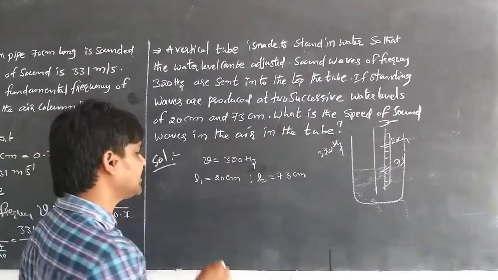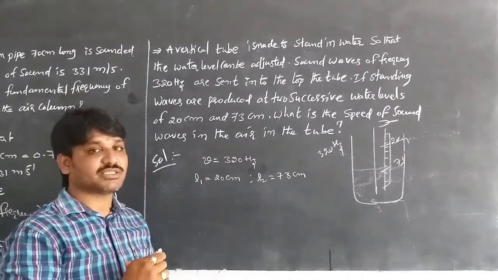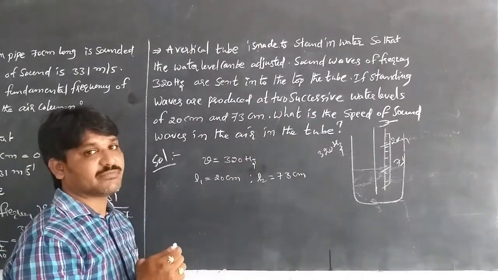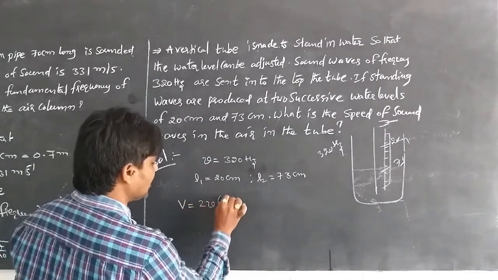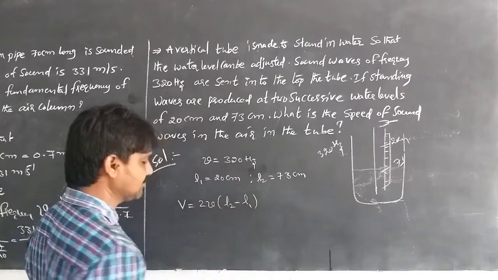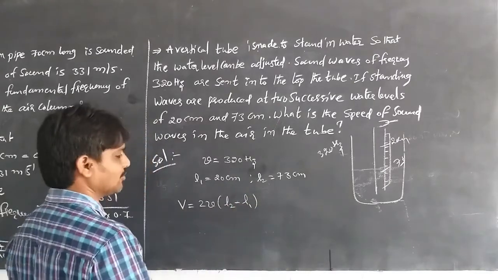He asked for the speed. From resonance of the air column we have derived the formula V is equal to 2 nu into L2 minus L1.